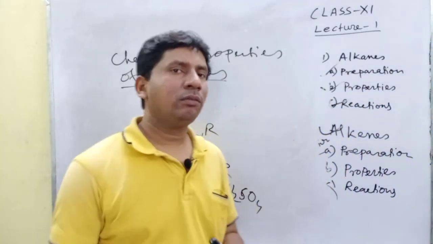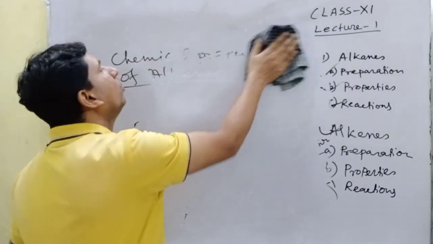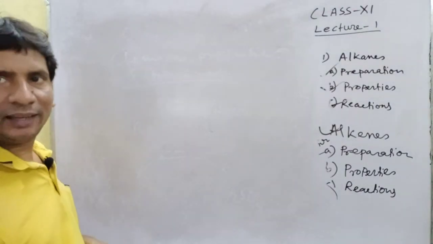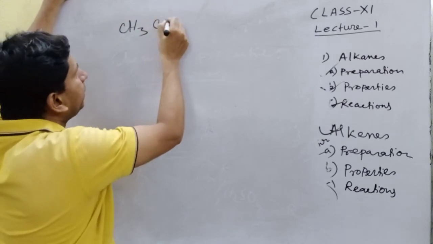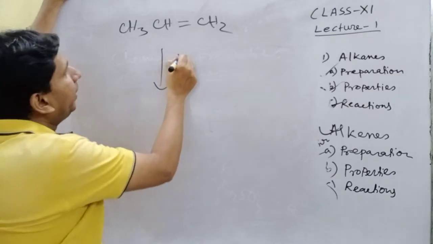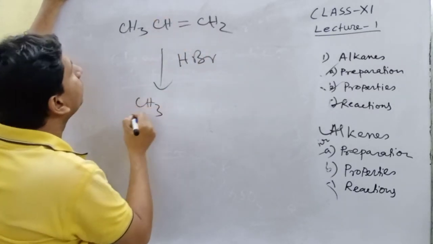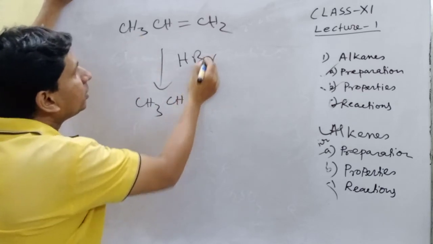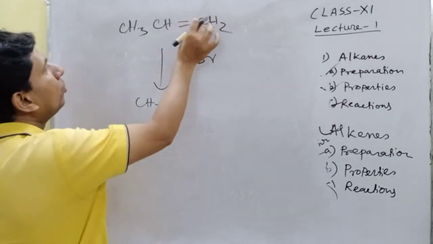There are many additions, and one addition is very important, which maintains the Markovnikov rule, for asymmetric alkene. If this is CH3 CH double bond CH2 and we want to add HBr to this compound, which one will add to which carbon?